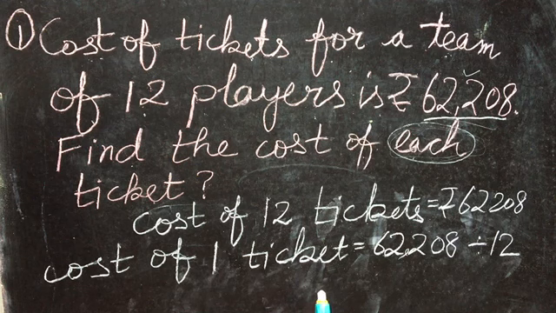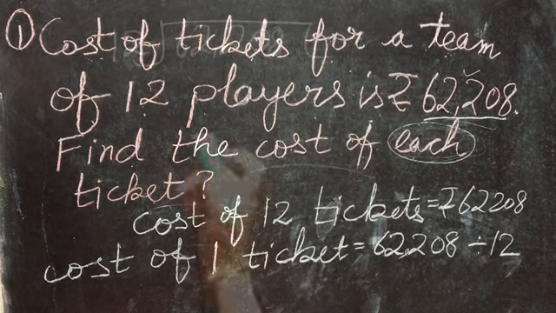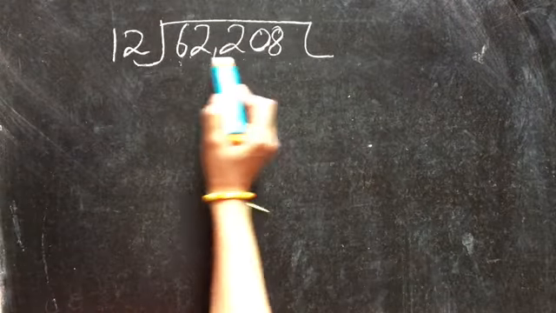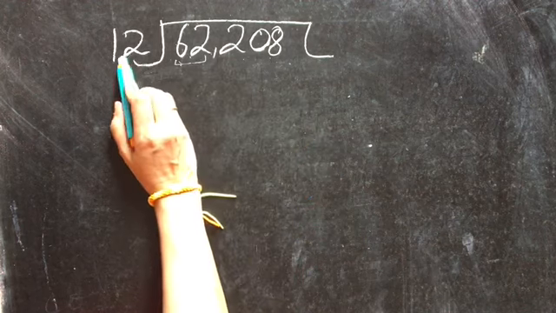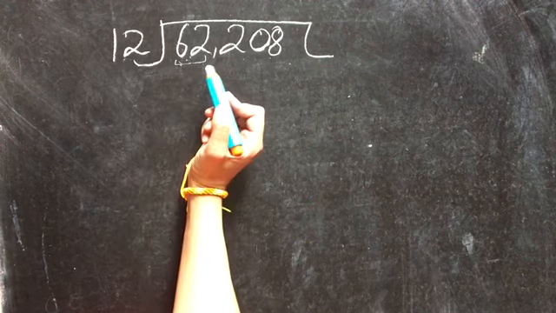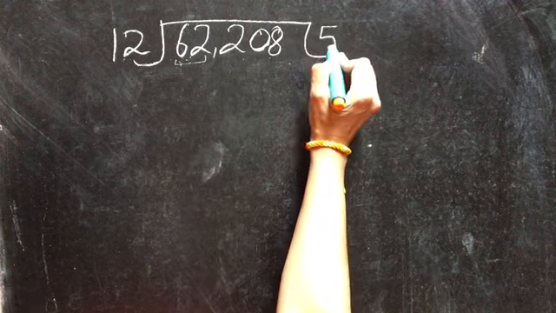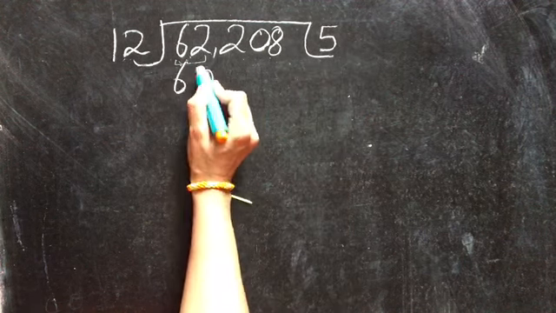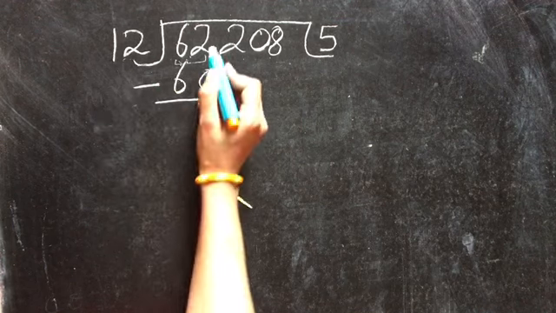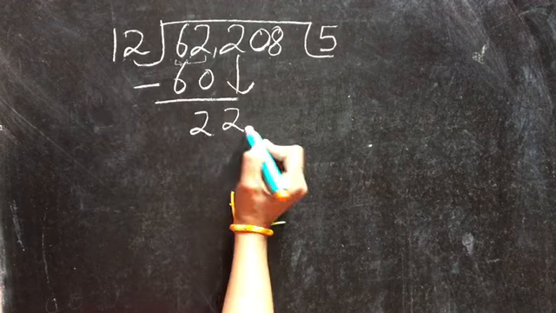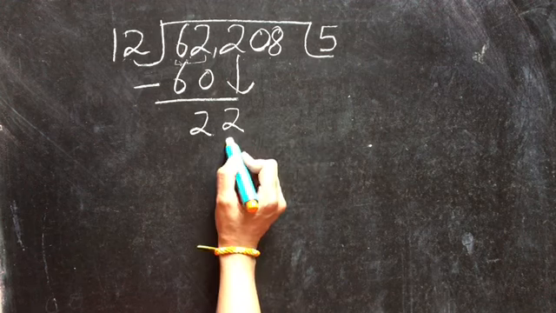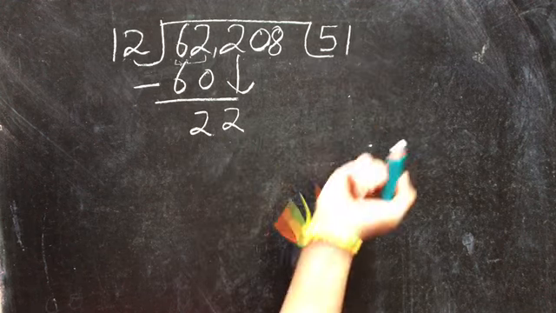Now, let us see how to divide. So, 62,208 divided by 12. Now, what comes in the table of 12 less than this? 5 twelves are 60, fine, subtract it, it is 2, this 2 will come down. So, 12 twos are 24, no, so it will be 1 only.